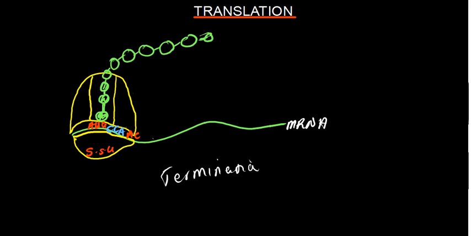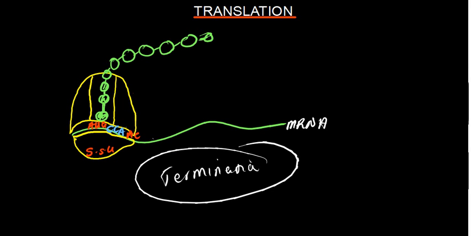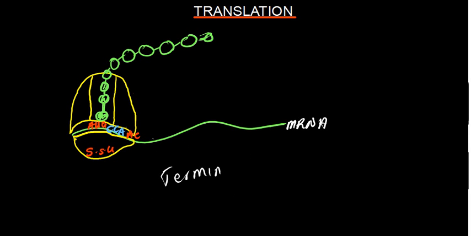So what happens now during termination? One characteristic of this termination site is that one of the three stop codons is going to be read by the ribosome.